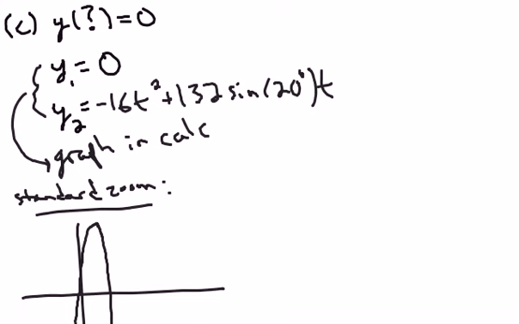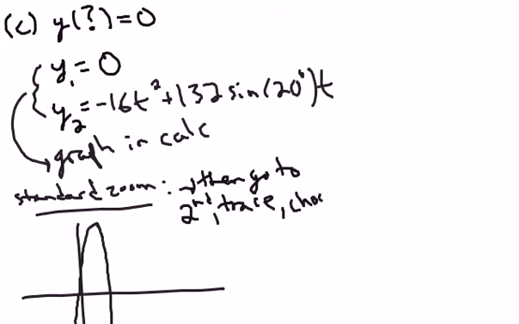So I could actually use the 0 tool. If you go to second, you write down the steps. So go to second, trace, which takes you to the calc mode, and then choose one of two things.